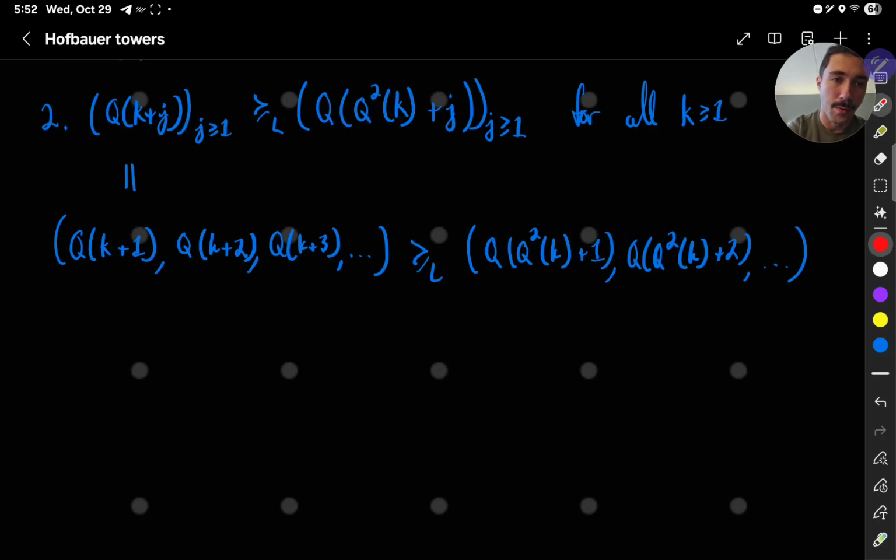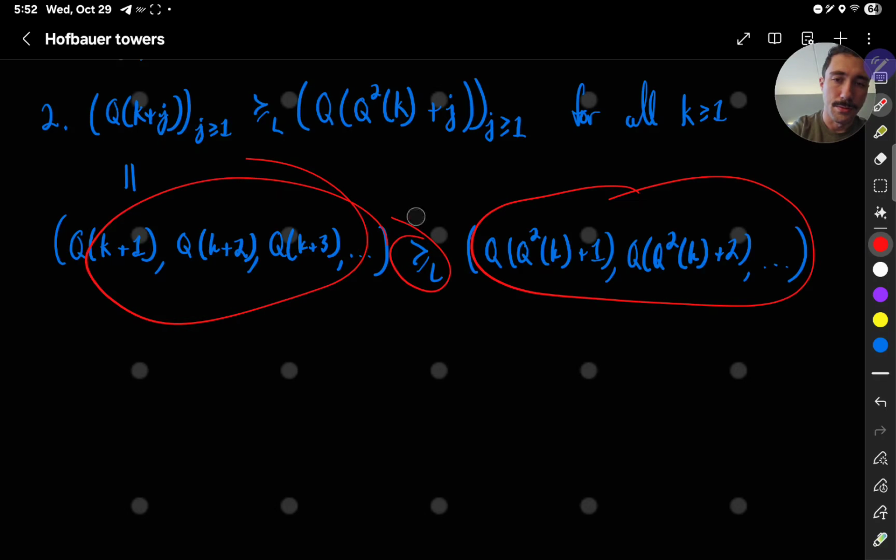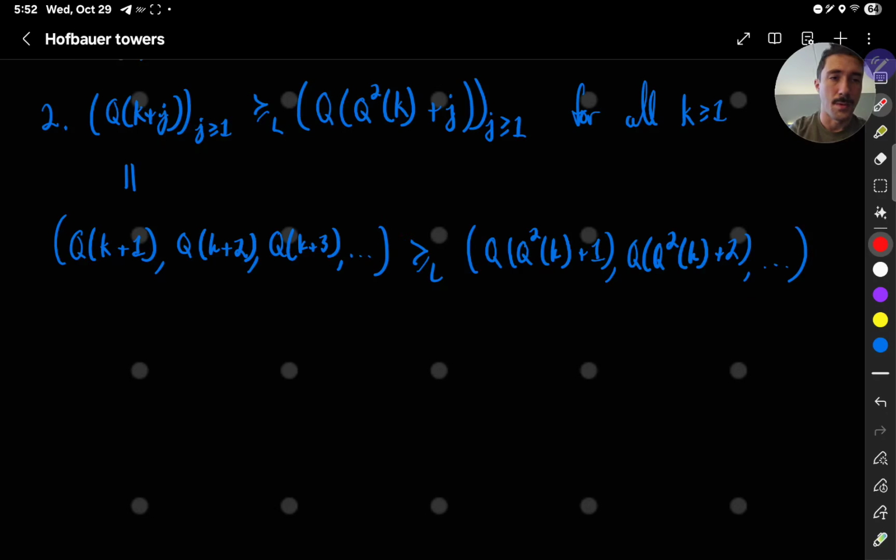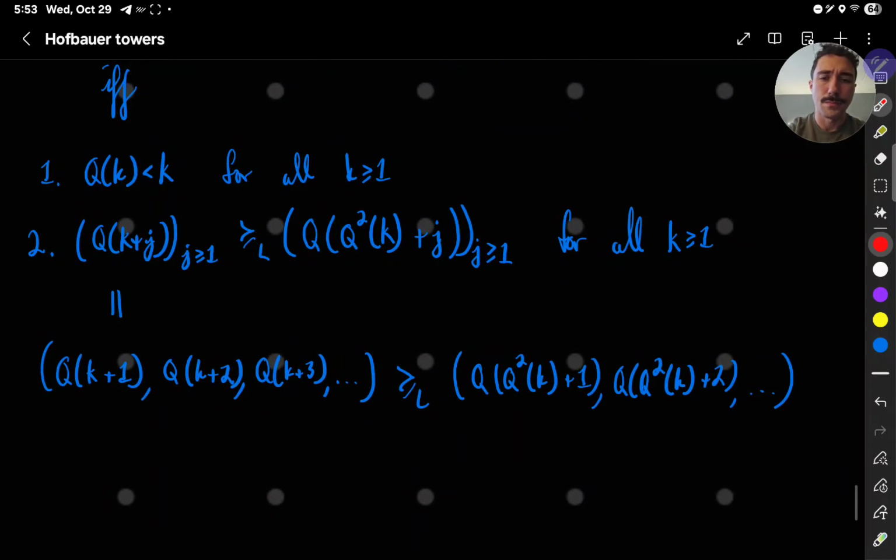If they're both the same, you go to the first place they differ and you ask, is the left one greater than the right one? And if they are, then this is true. And if they're both exactly the same all the way out, then it's still true. But if you go to the first place they differ and the left one is lesser than the right one, because these are natural numbers, remember, then this property isn't true, and so you wouldn't have an admissible kneading map. So I should have written an equal sign here.